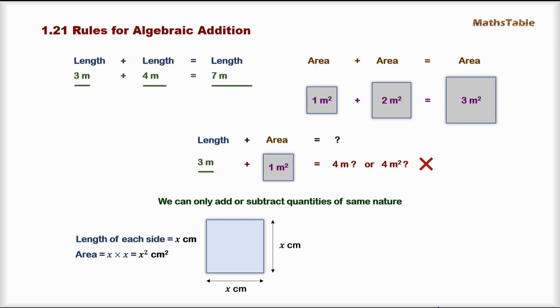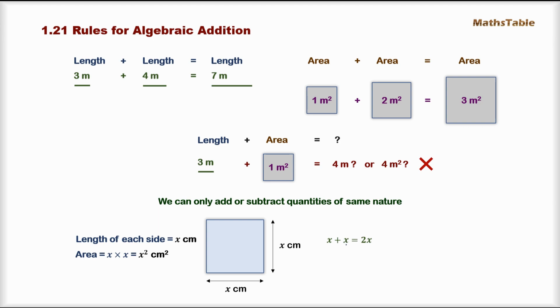So what if we are asked to add x to another x? If we add 5 meters to 5 meters, then we know that we'll get 2 times 5 meters, which is 10 meters. Similarly, if we want to add a length of x centimeters to another equal length of x centimeters, we know that we'll get twice the same length.